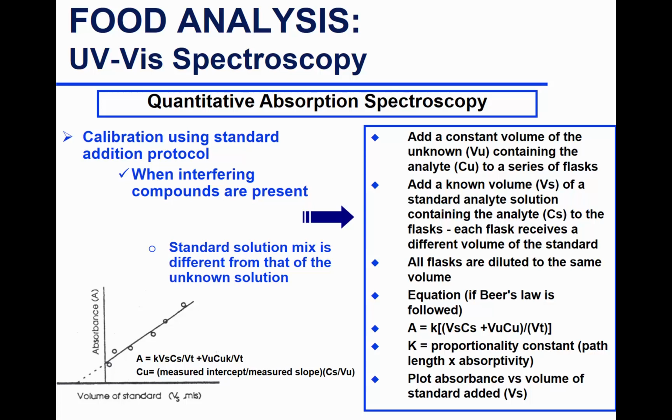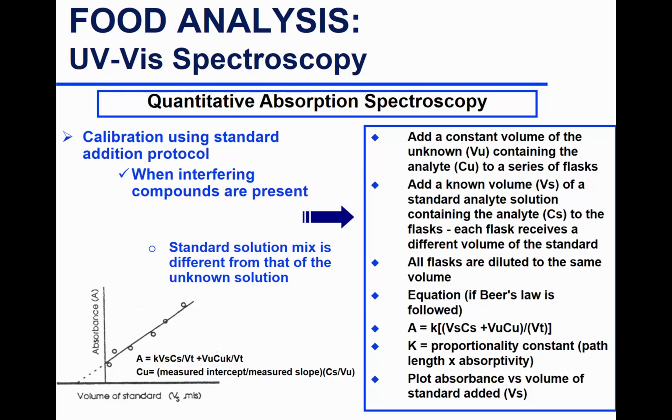So now you know the concentration of your standard in each. You know the amount of sample you added in each. So what you can do is plot absorbance over the volume of the standard that you used. You have used 5 different volumes. Then you have an equation of the line. In the equation of the line, you have a constant, which is the path length multiplied by absorptivity.